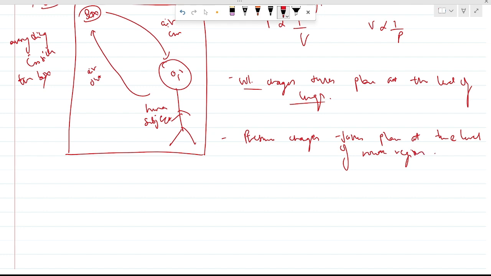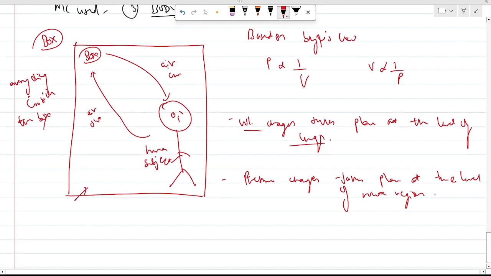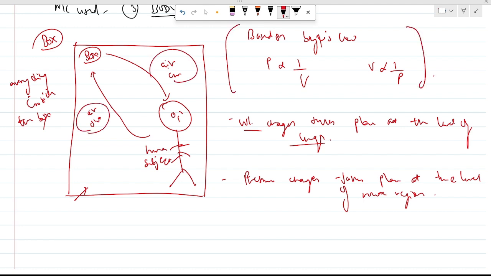So this is all about body plethysmography. It's a sealed glass box which contains our human subject, who takes air out and in. Plethysmography is based on Boyle's law.